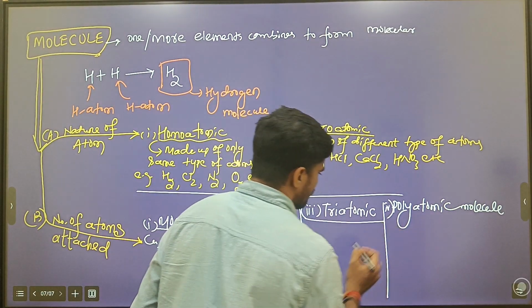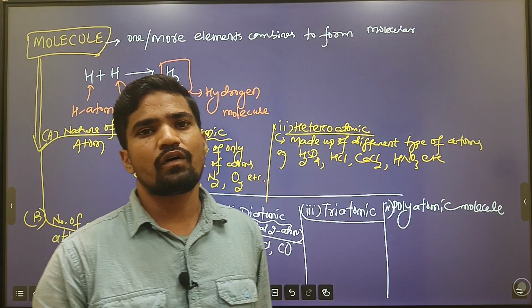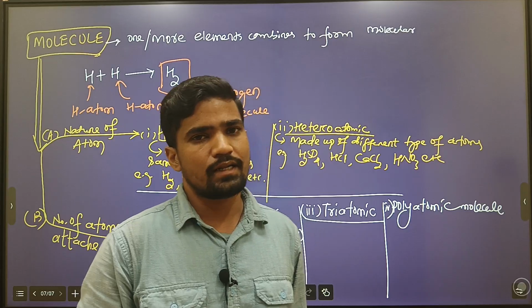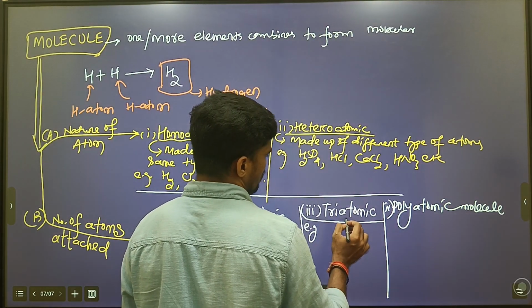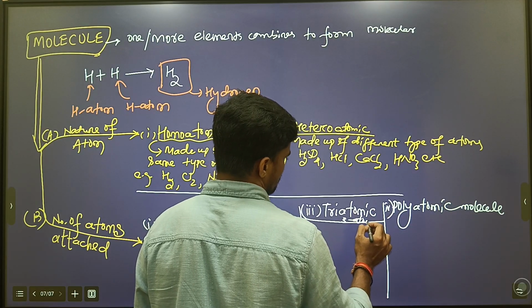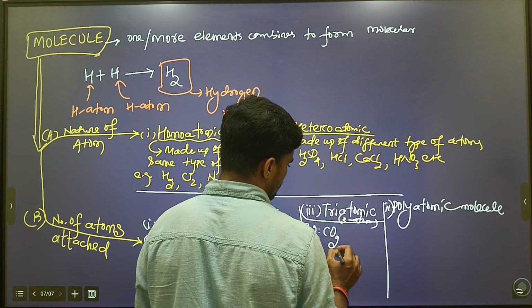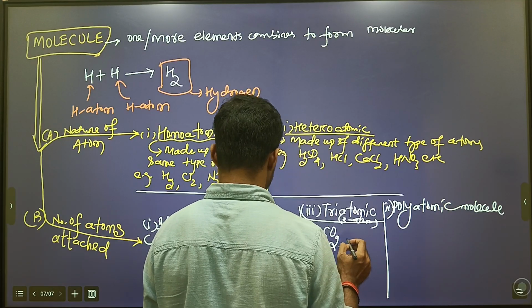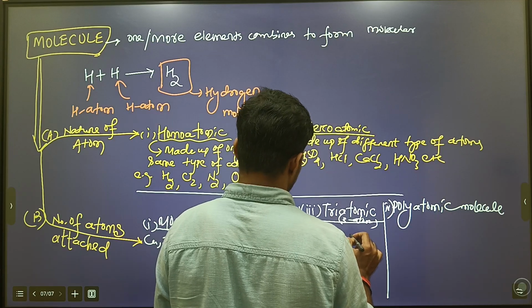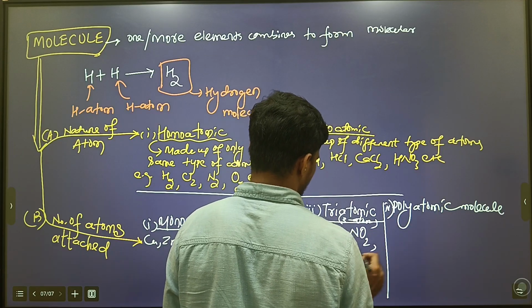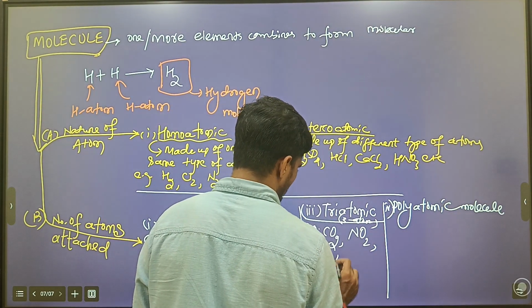Triatomic means tri means three. The molecule which is made up of total three atoms is called a triatomic molecule. Examples: CO2, NO2, calcium chloride.